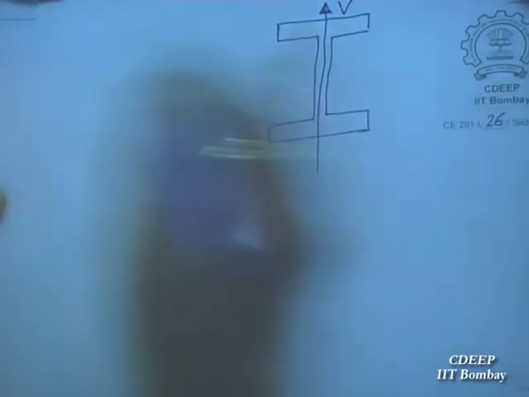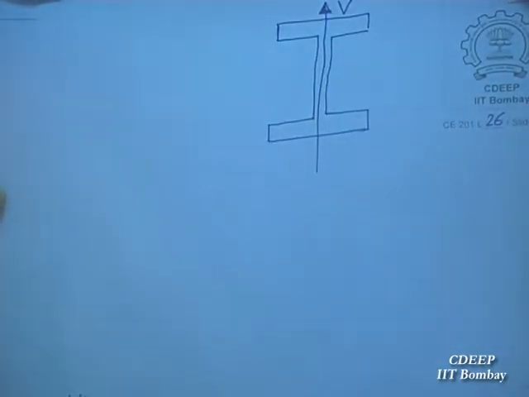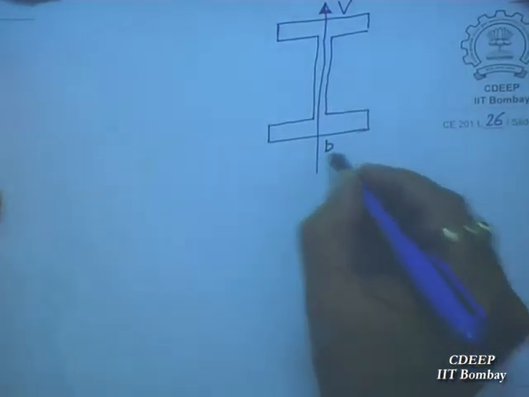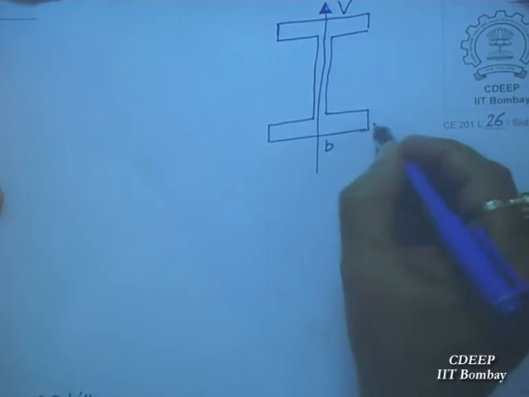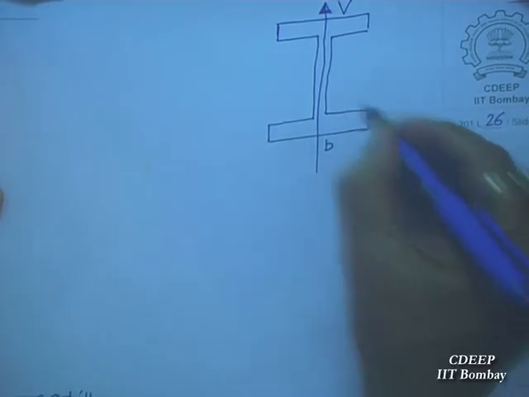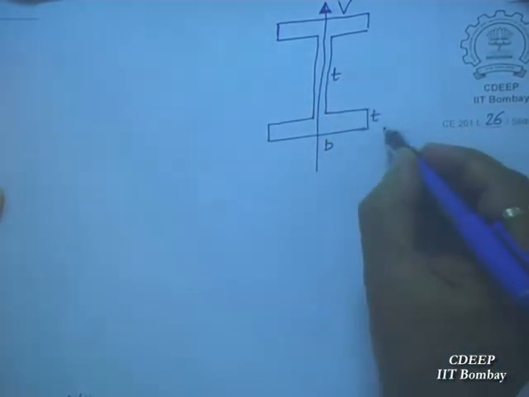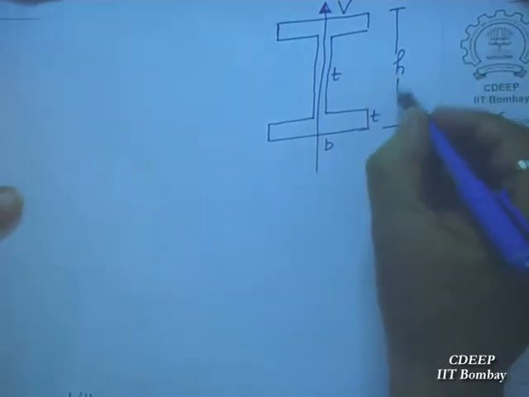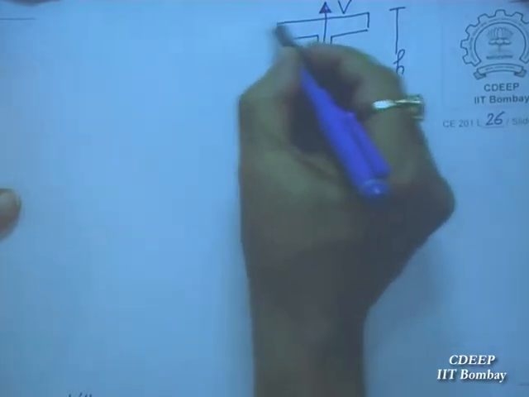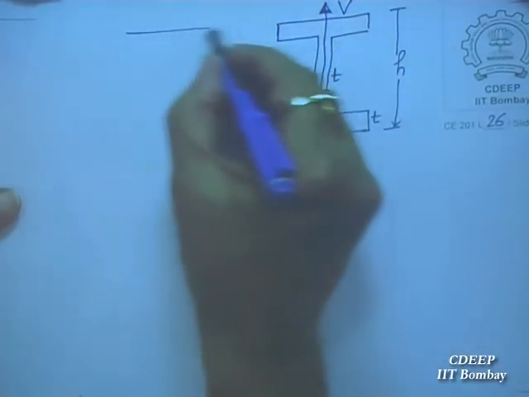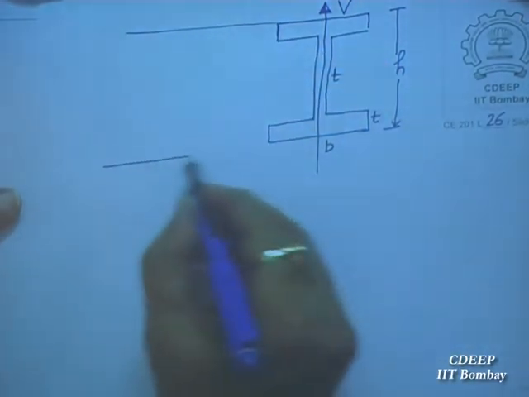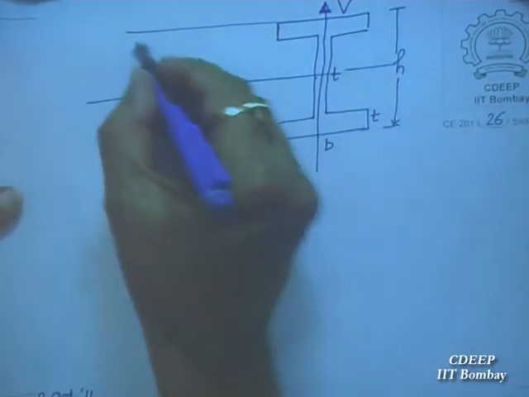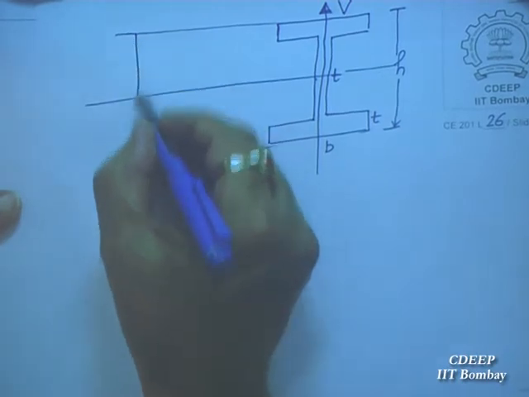At any cross section, there is a shear force V acting on this cross section. This is B, T, T, H. I can only tell you that shear stress distribution will be, yes, how will be the shear stress distribution?